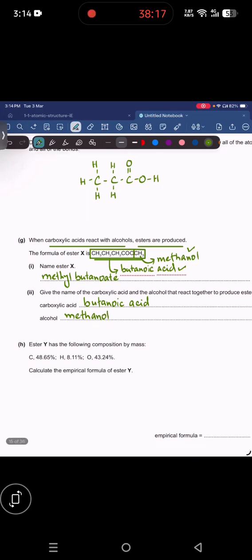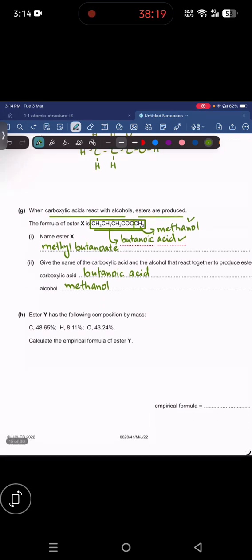Now, ester Y has the following composition: carbon 48.65 percent, hydrogen 8.11 percent, and oxygen 43.24 percent.